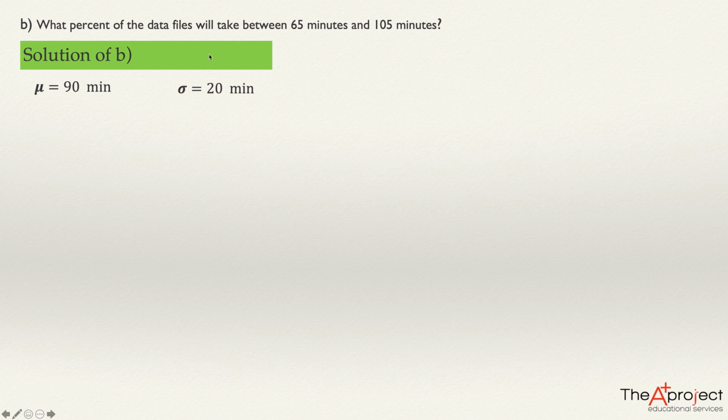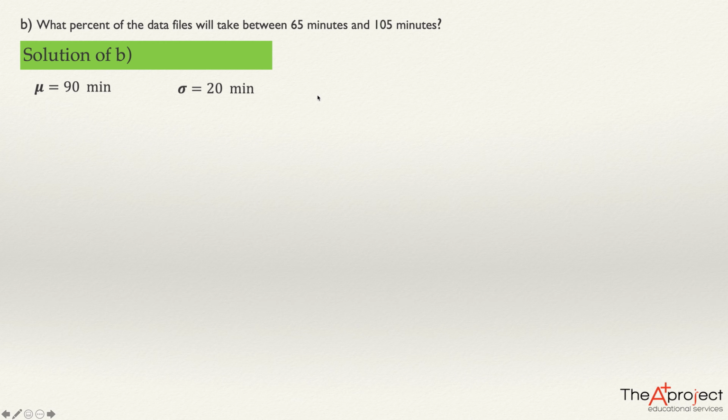So remember, what percent of the data files will take between 60 minutes and 105 minutes? This is the same as saying, what is the probability? So this percent is actually the probability. What is the probability that the data file takes between 60 minutes and 105 minutes?